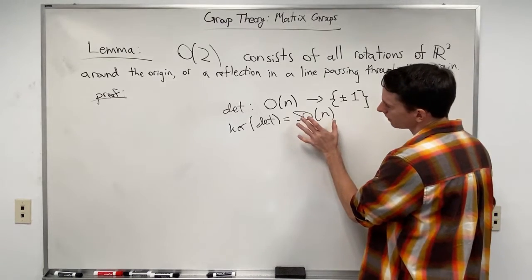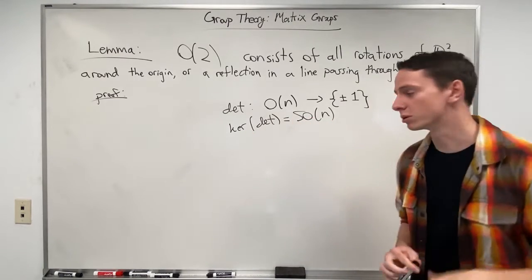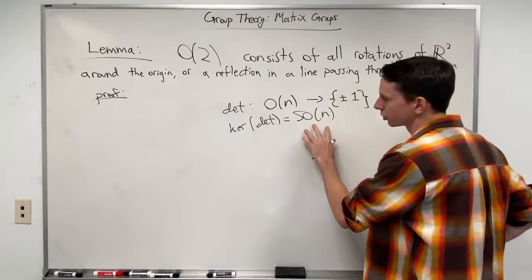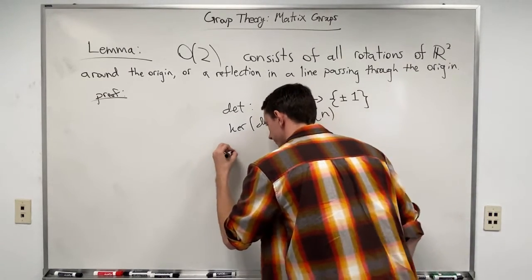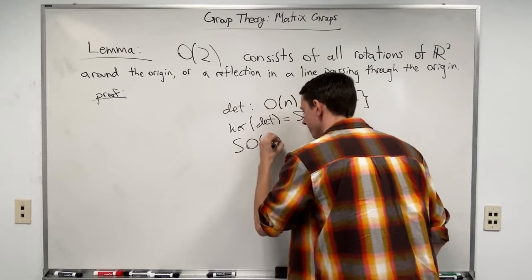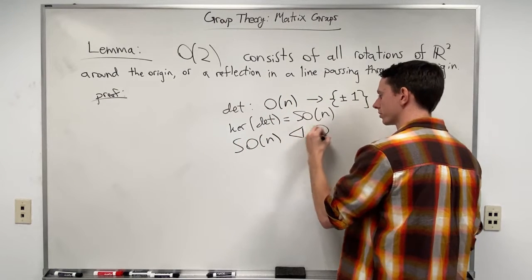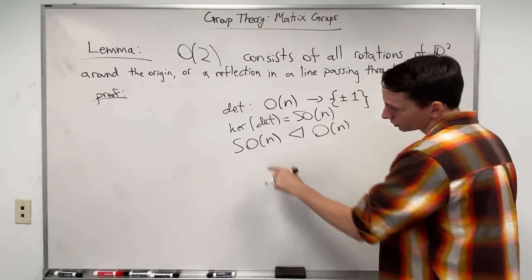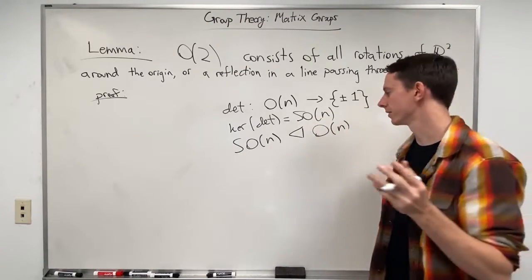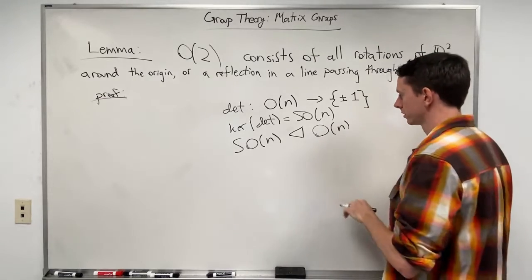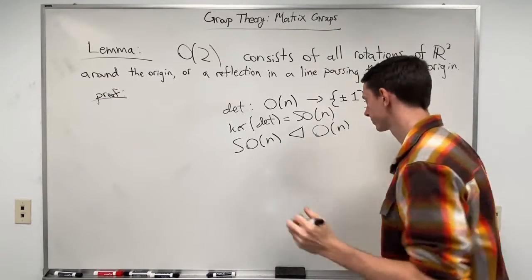Now, because SON is the kernel of some homomorphism, that tells us that SON is a normal subgroup of ON. And because we have a normal subgroup, we can now apply the isomorphism theorem to this group and this subgroup.